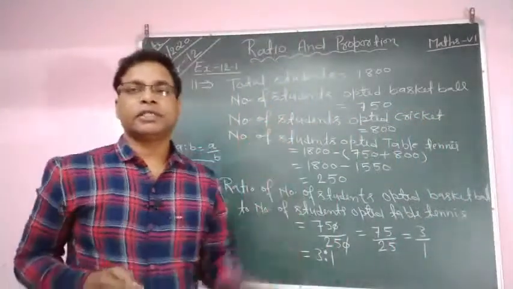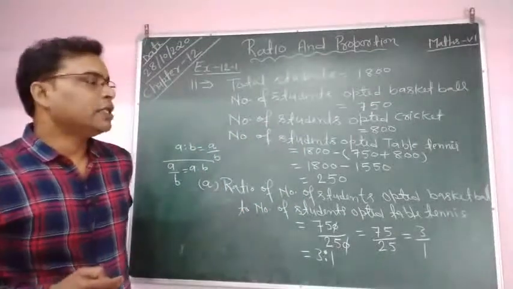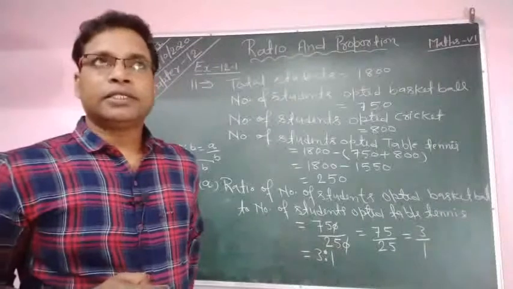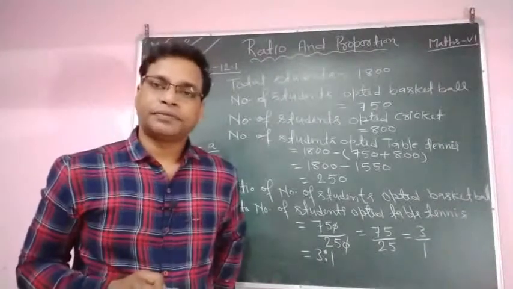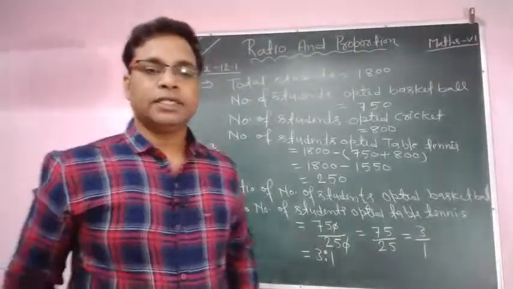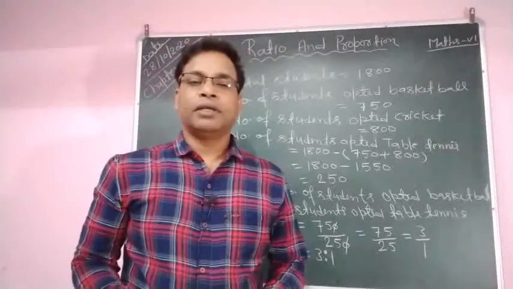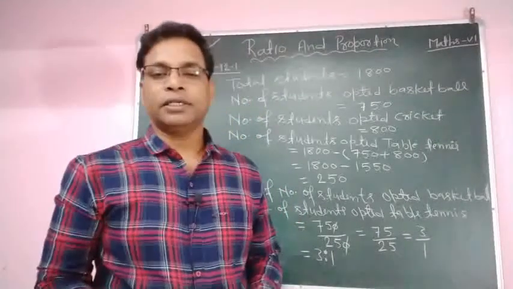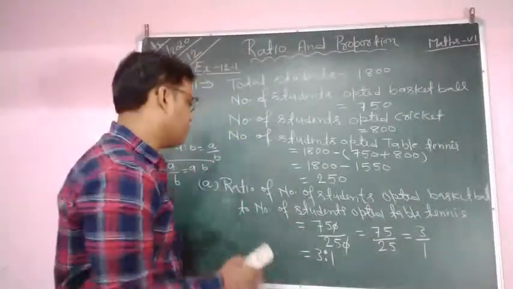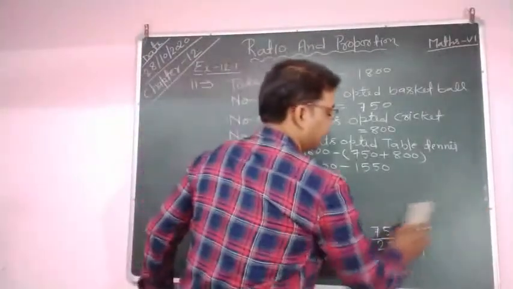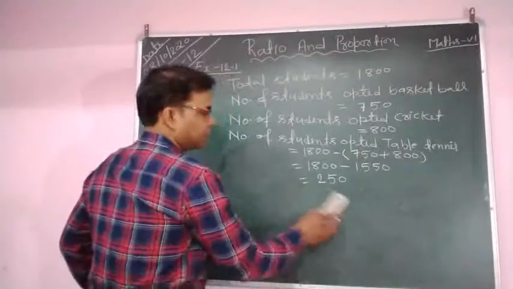You can see it is given, 800 students opted for cricket and 750 students opted for basketball. So we need to find the ratio of cricket to basketball. This is clear. So let's see how to find it.